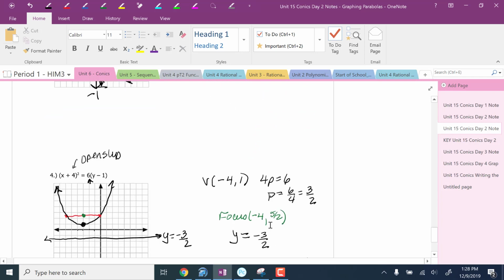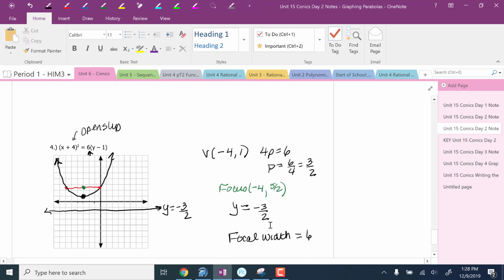All right, and then for number 4, everybody was where they were supposed to be. We get our vertex, we ascertain we're opening up. We've got our focal width of 6, so we go 3 to the right and 3 to the left of our focus. And then our directrix is 1.5 below at negative 3/2.